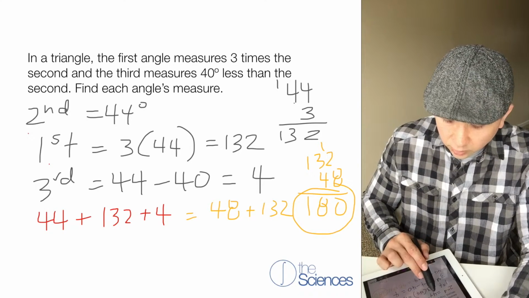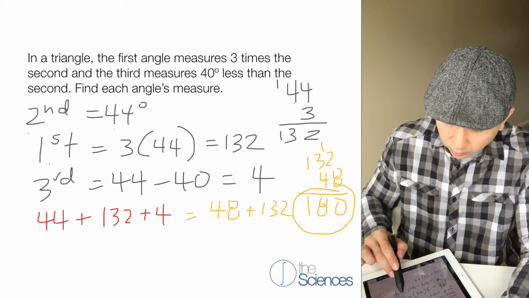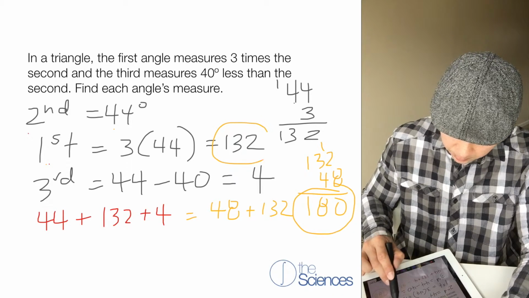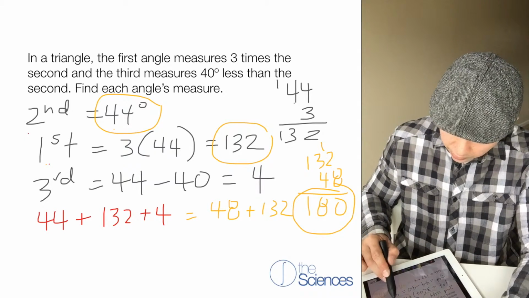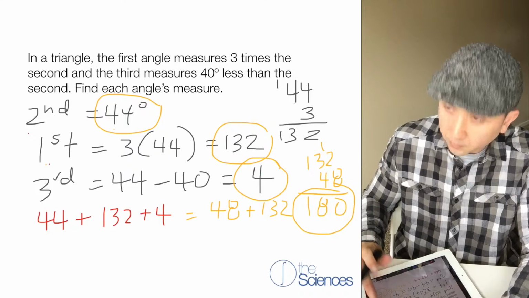So our second angle is 44 degrees. Our first angle is 132 degrees. And our third angle is 4 degrees.